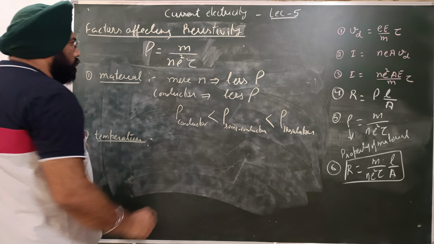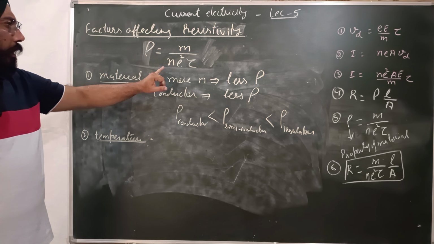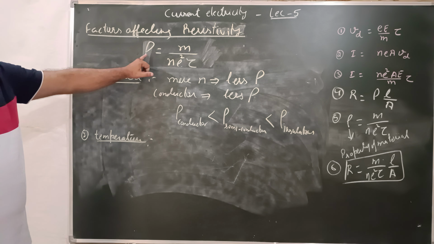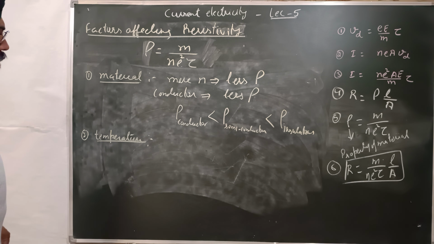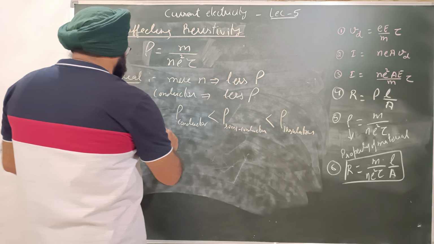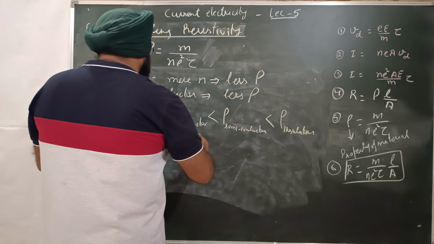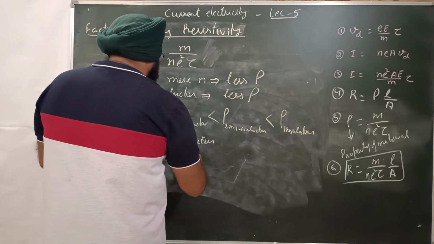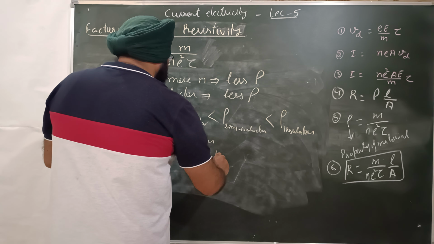In case of conductors, with rise in temperature, tau decreases, so the resistivity increases. So for conductors, resistivity is directly proportional to temperature.